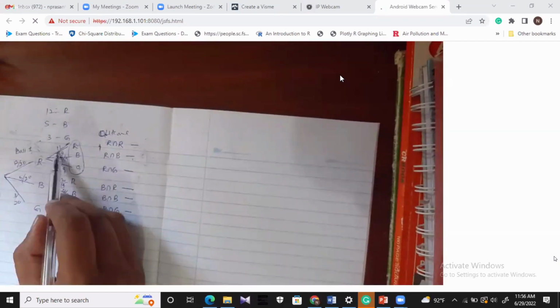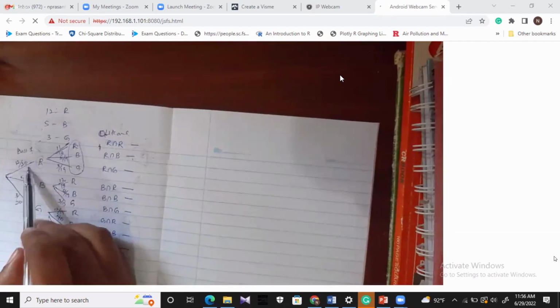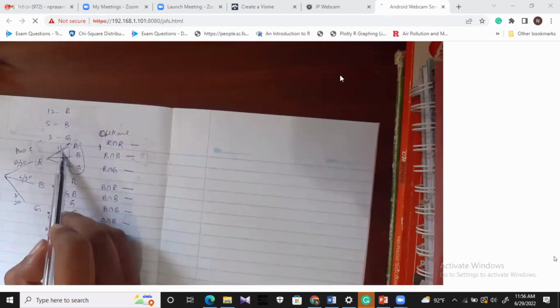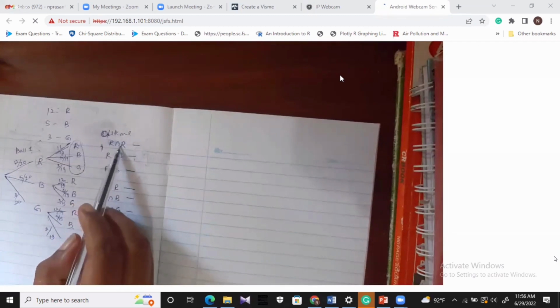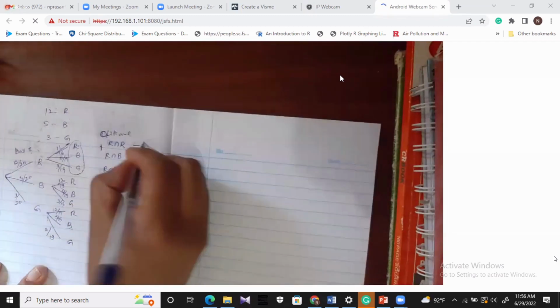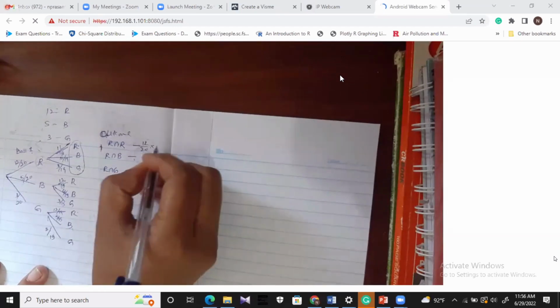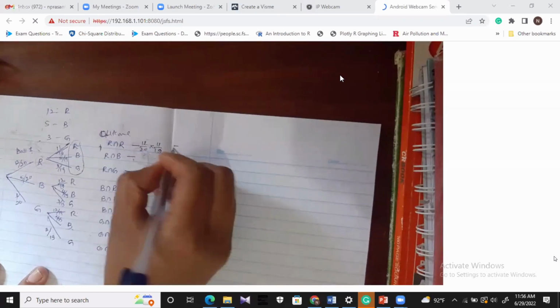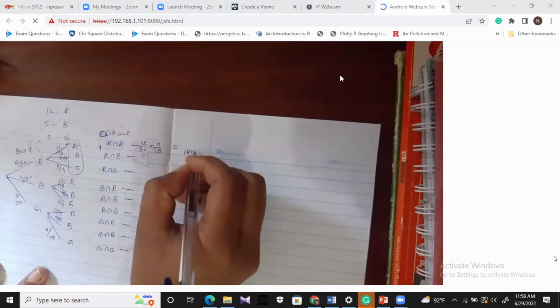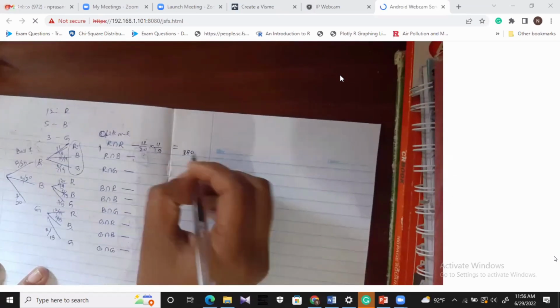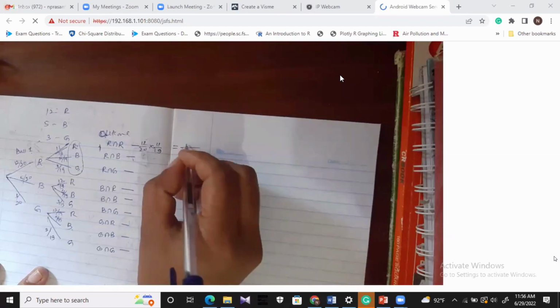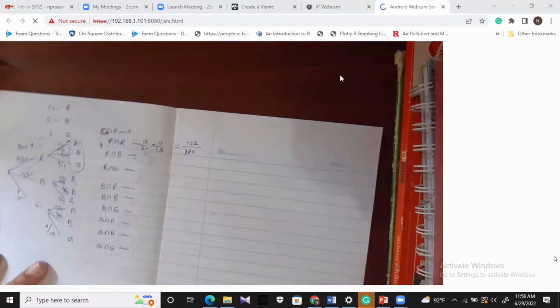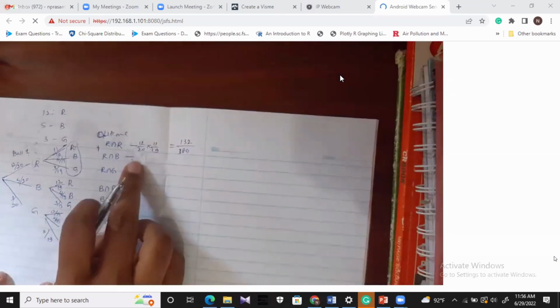So if you want to find the probabilities of these outcomes, you have to multiply the associated probabilities. 12 upon 20 times 11 upon 19, that is the probability of getting R and R. Clear? Likewise, you can get all the probabilities.